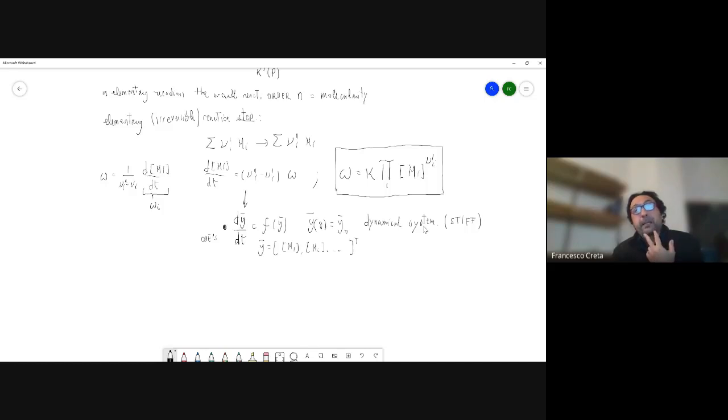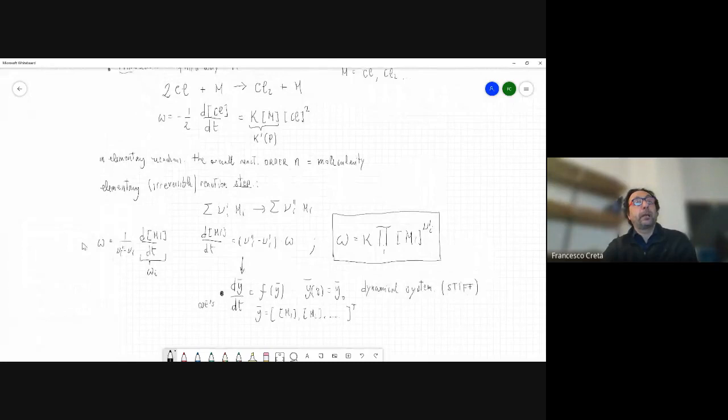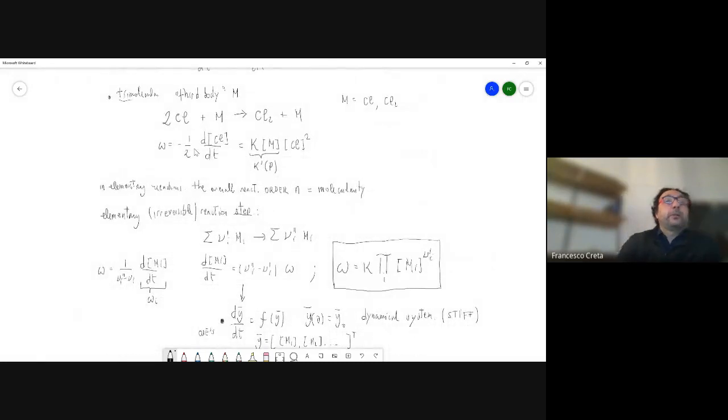the physics behind this. So we've seen for these elementary reactions that you generally have, for the reaction rate, a product of concentrations. Now, why do you have this particular form for the reaction rate?